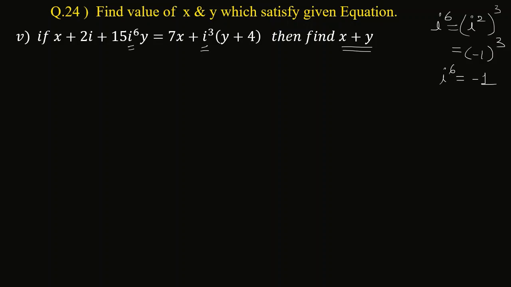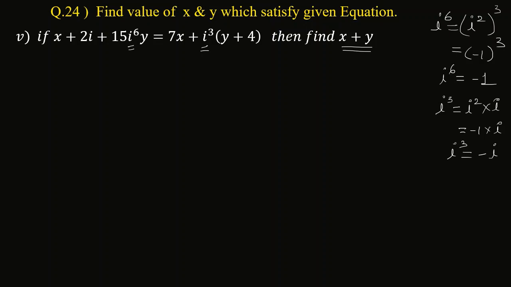Similarly, i cube can be written as i square multiplied by i, जिसमें i square का वैल्यू होता है minus 1, multiplied by i, which gives you minus i. So wherever we have i cube we will replace it by minus i. So let's continue with the question.